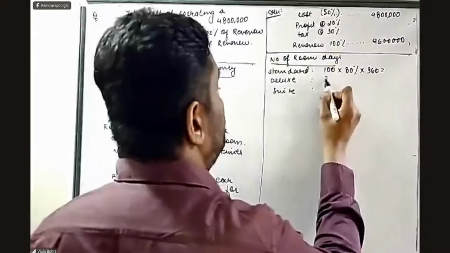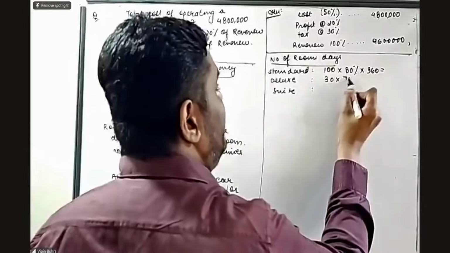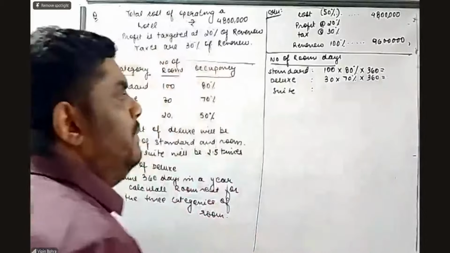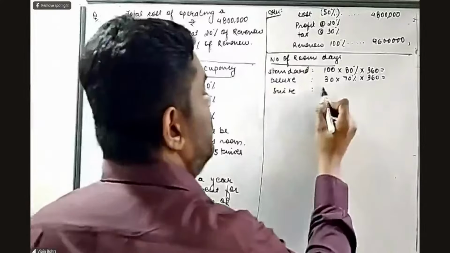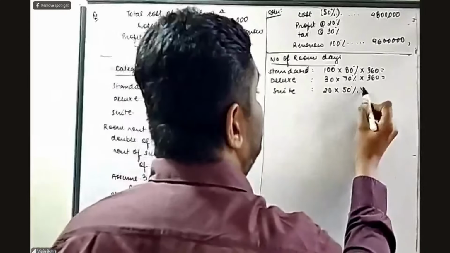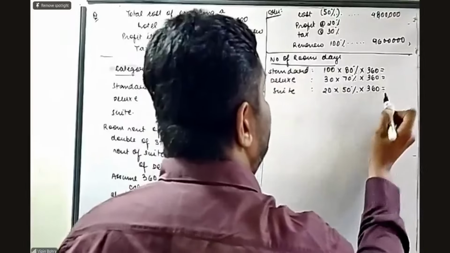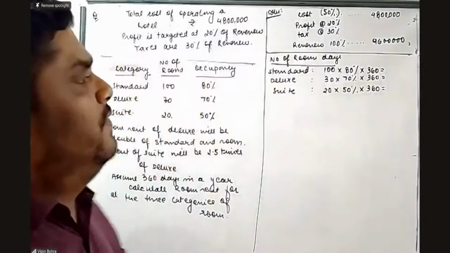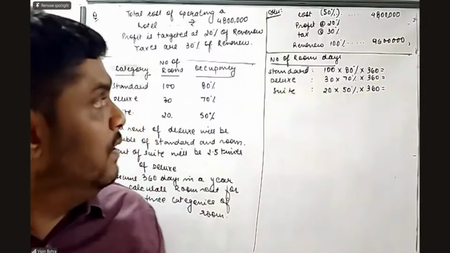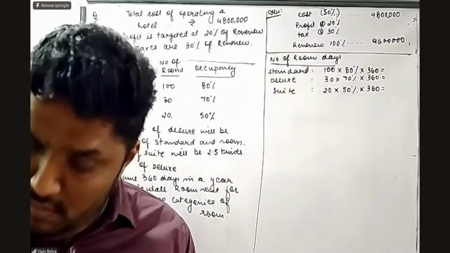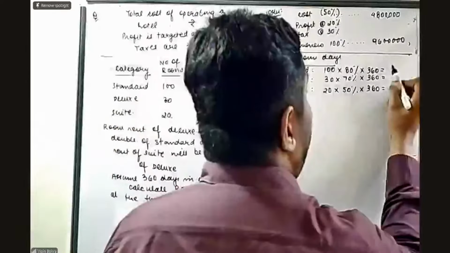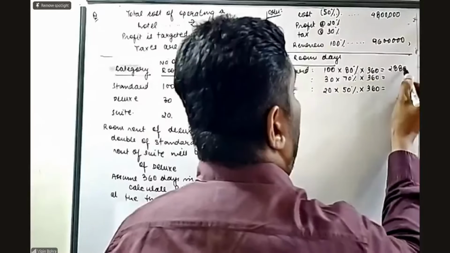Similarly, for deluxe the rooms are 30, occupancy is 70%, and it is 360 days in a year. So we'll get the number of room days for the deluxe category. For suite also, it is 20 into 50% into 360 days. We'll get the number of room days for the suite category of room. So this will be 28,800.